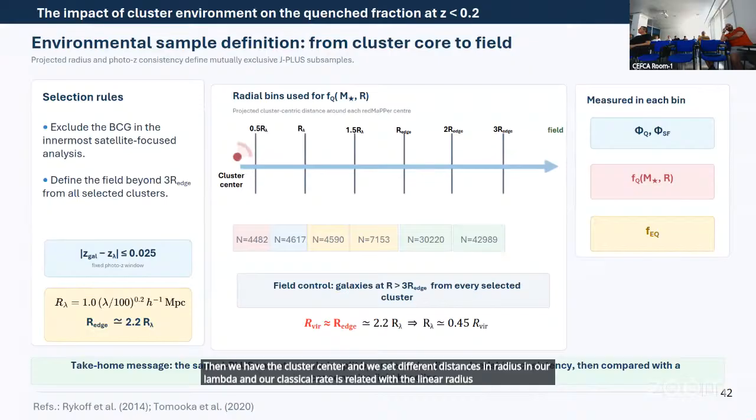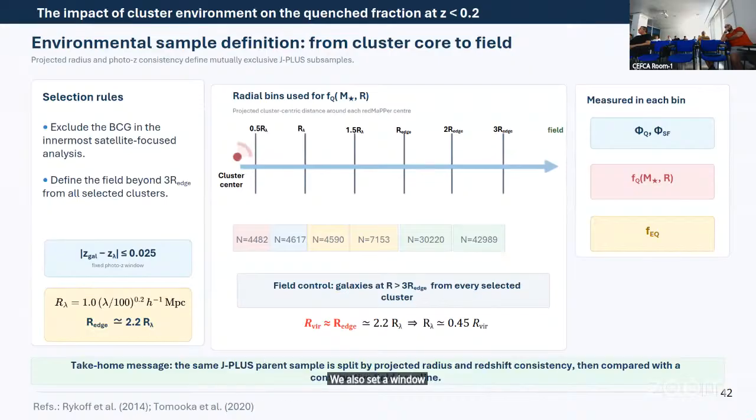We also set a window in redshift of 0.25, basically very similar to compare with literature. And these are some relations between R lambda and lambda, and the R200 radius with lambda.